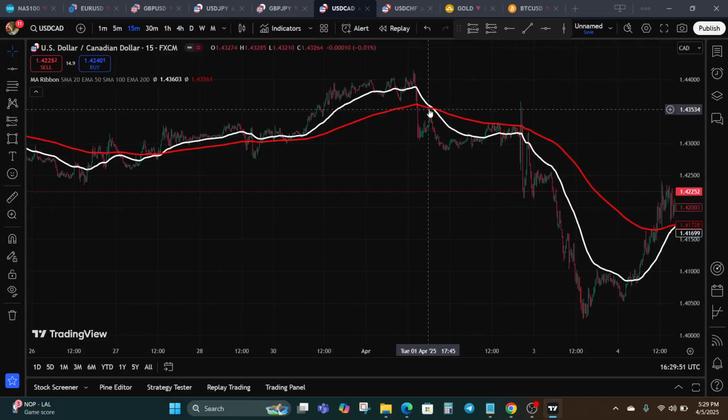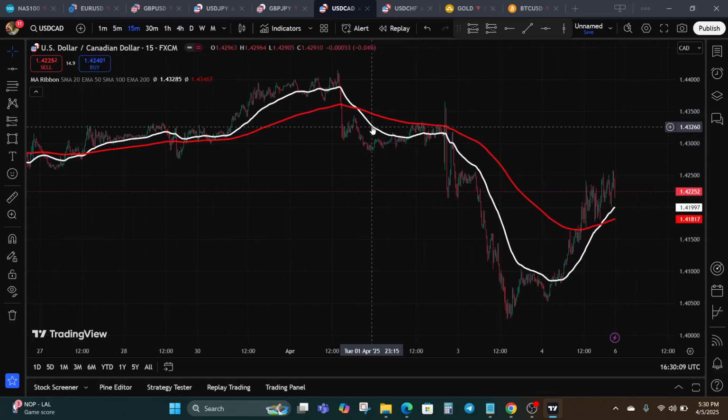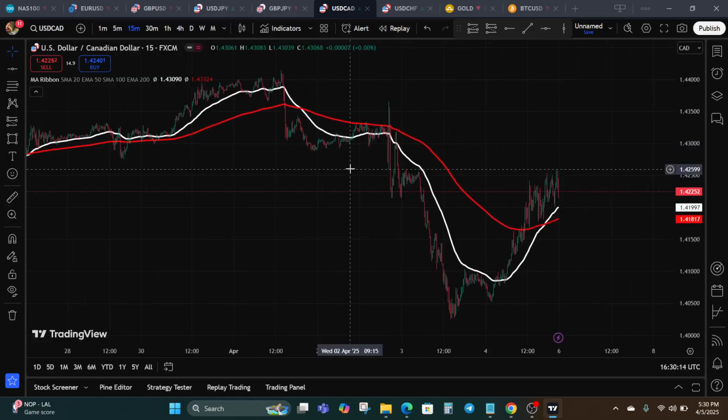Conversely, when the 50 period EMA crosses below the 200 period EMA, it signals a bearish trend, and you want to focus on short or sell opportunities. This crossover technique is the core of the best 15-minute EMA strategy and allows you to quickly determine the overall direction of the market.